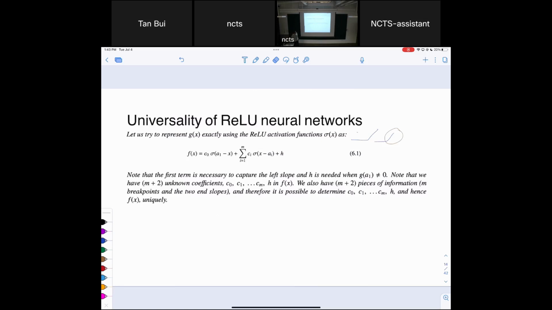There are a couple of pieces here. The first one is the sum of sigma(x minus a_i) from i equals 1 to m.